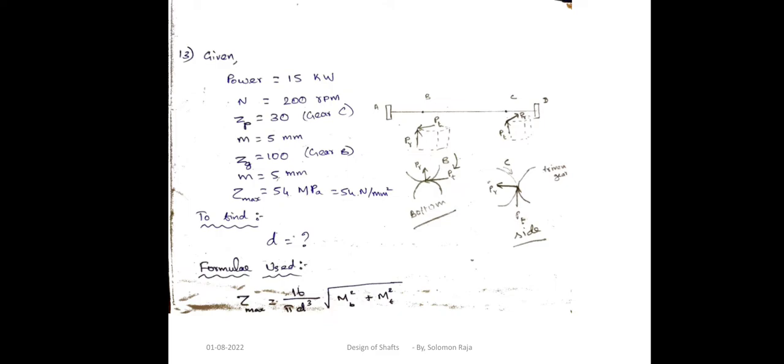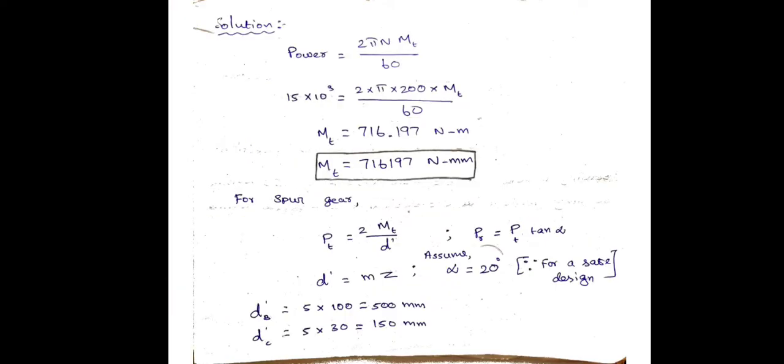So two forces were there on two gears, PR and PT. We have to find out the PR, PT of gear B and PR, PT of gear C. For that one formula is there. In design of gears, you might have studied these things.